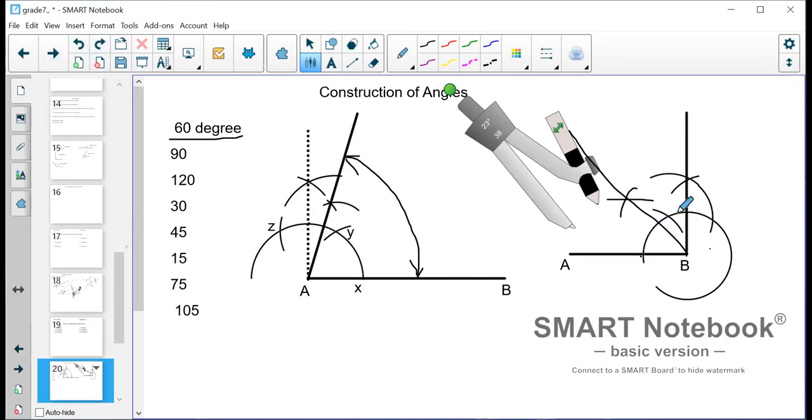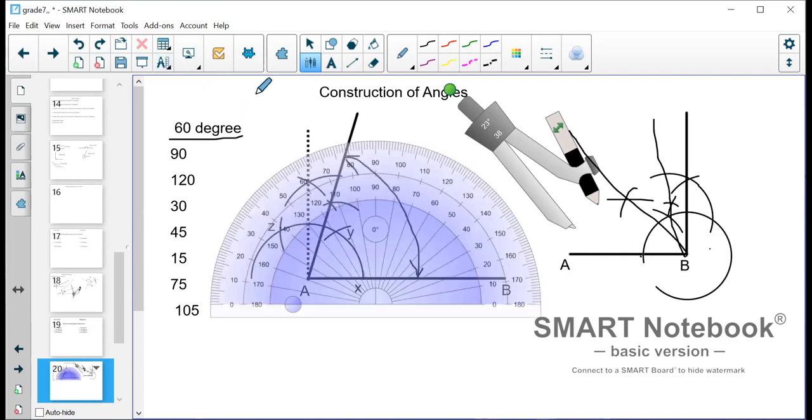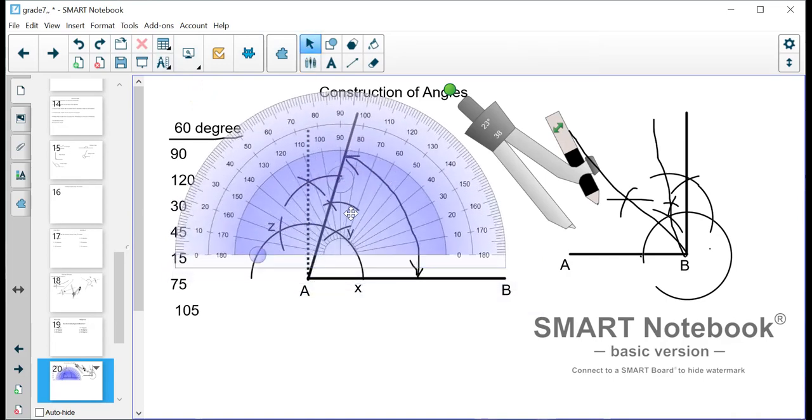Good. Now, the same thing you'd have to do on this side, right? You bisect between this space and that space, and you draw a line straight through there, and that will give you 75, right? If you want to take your protractor and double check, that should give you 75 degrees.